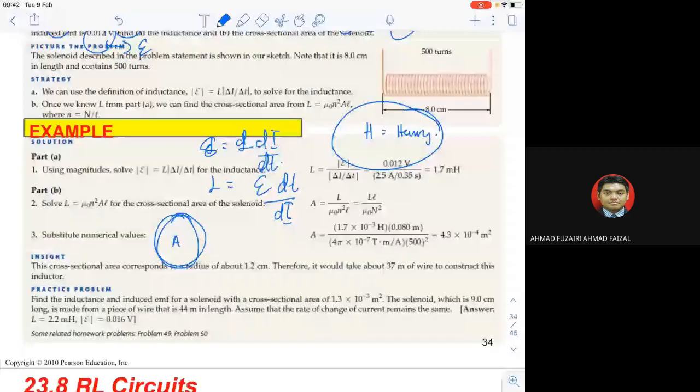When you have the inductance, you can find A. So in the end, the area is equivalent to 4.3 times 10 to the power of negative 4 meter squared. That is how you involve the inductance in the solenoid. Remember, inductance has the unit Henry.